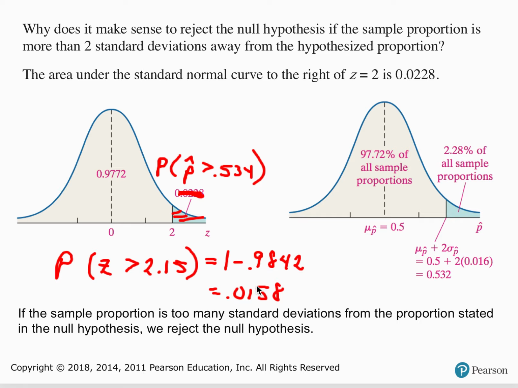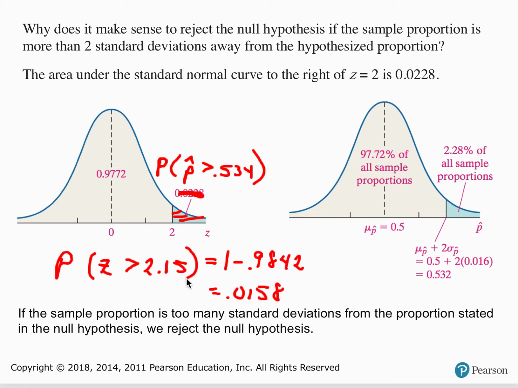That means there's about a 1.5% chance that a value would fall in here. So once again, it tells us we're going to reject the null hypothesis. Less than 2 samples out of 100 would fall in here. And because that's unusual, less than 5%, remember, we take it as evidence against the statement in the null hypothesis.